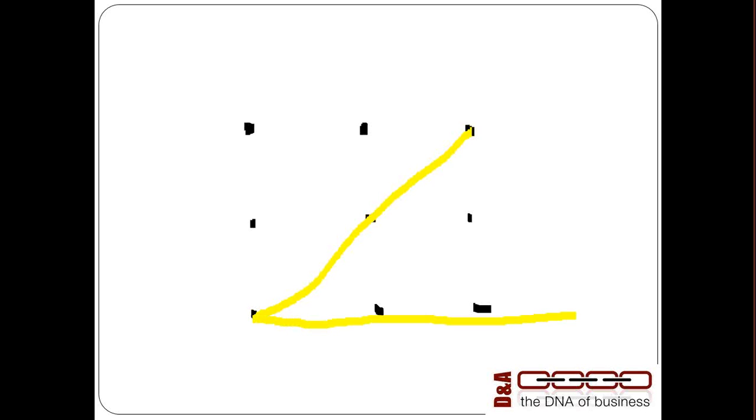If I had a steady hand, it would have gone through the dots. And then I'm going to go up like that. That's 3 lines. And then I'm going to come down like that. So that's covered all 9 dots.